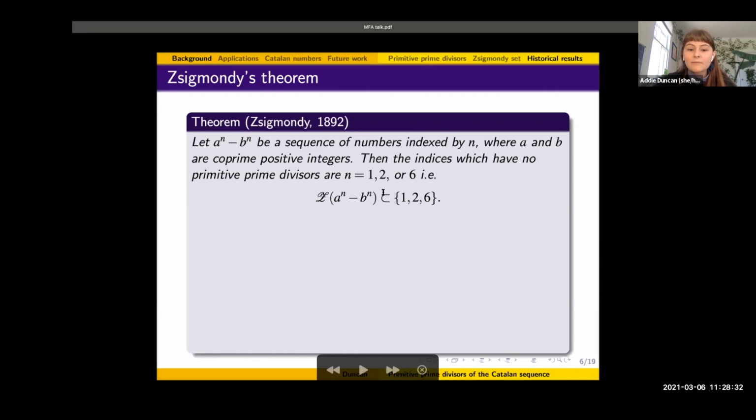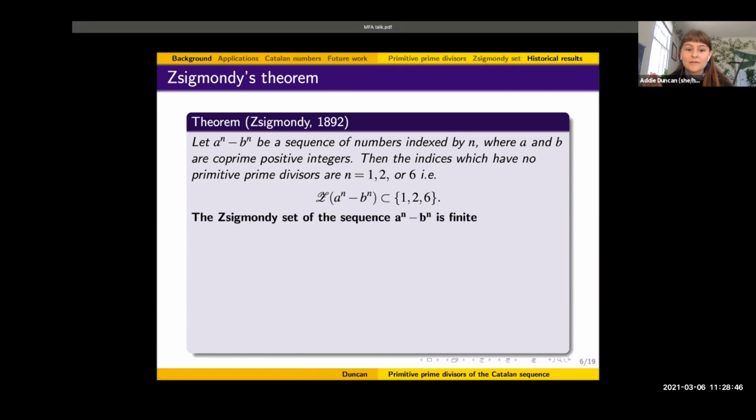In other words, the Zsigmondy set of this type of sequence is a subset of {1, 2, 6}. I thought this was really surprising, because it means that the Zsigmondy set is finite. There are only a finite number of terms which have no primitive prime divisors. All the terms where the index is greater than 6 have at least one primitive prime divisor, which means the sequence is generating new primes at a pretty high frequency.